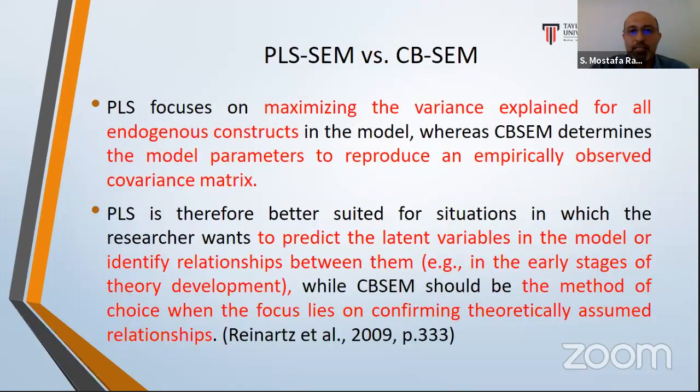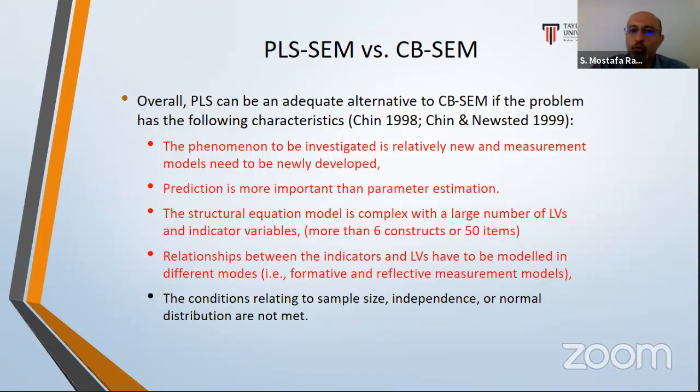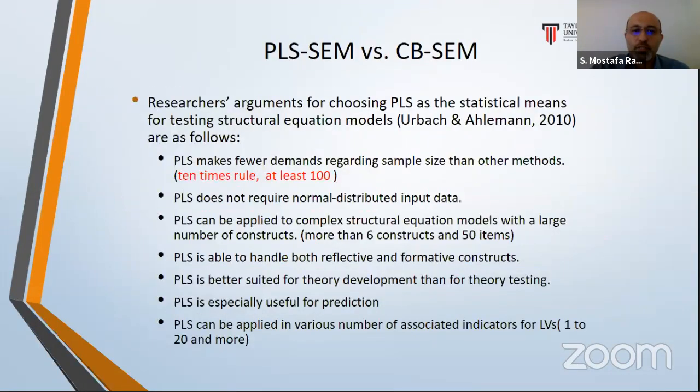We discuss this in this editorial, and you can also find a lot of literature discussing the difference between PLS-SEM and covariance-based SEM. PLS-SEM is a prediction-oriented approach and is suitable when the objective of our study is theory development, not theory testing.